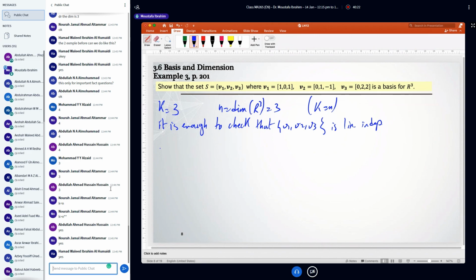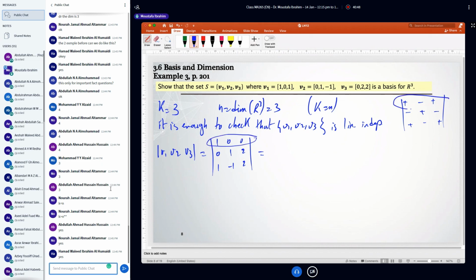Okay, so we take V1, V2, V3: 1, 0, 1, 0, 1, negative 1, 0, 2, 2. So we have the sign pattern plus, minus, plus, minus, plus, minus, plus, minus, plus. We take the first row, for example, because we have two zeros.